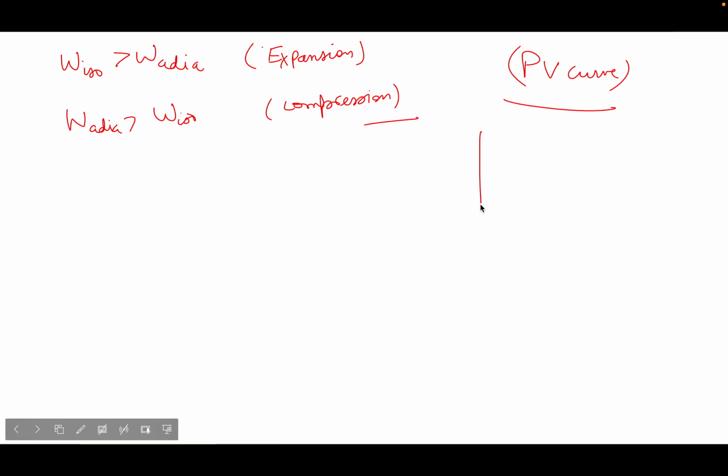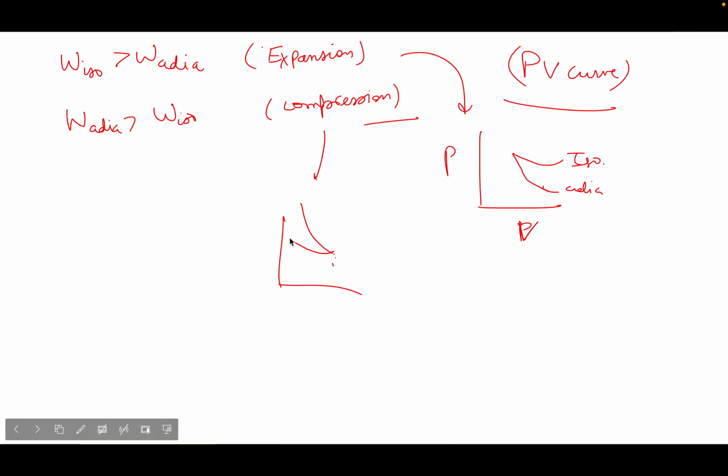I showed only log P versus log V, but if we plot P versus V, it will be similar, just the curve will be like this. For expansion, let's say this is for adia and this is for isothermal. Again for compression it will be like this only.